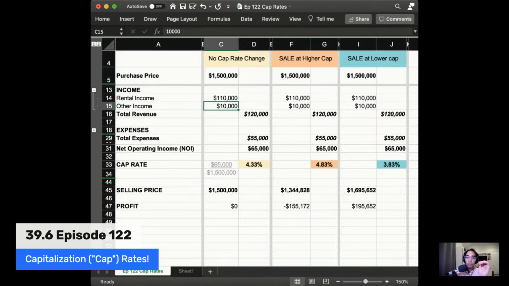Cap rates only focus on that cash flow. It's like focusing on the bond yield. Now, two different properties could have drastically different cap rates. And people would say, well, I like the higher cap rate. Well, that makes sense. You want to make more money. So you could have a property in Cleveland, Ohio, and it could have an 8% cap rate.